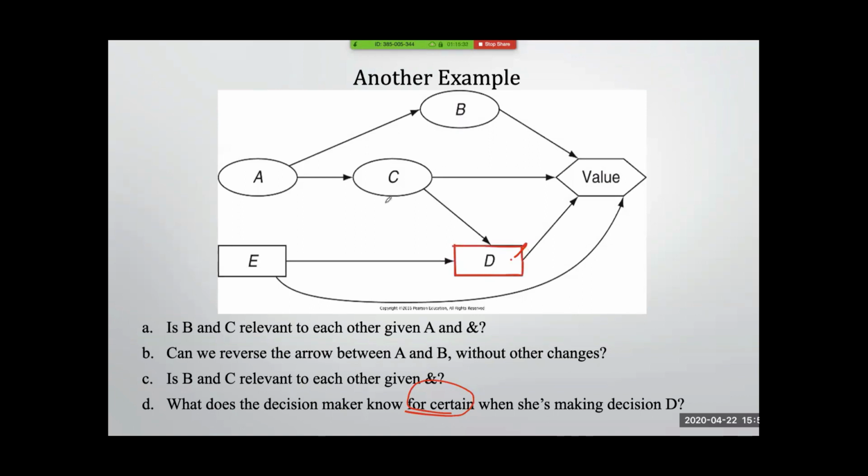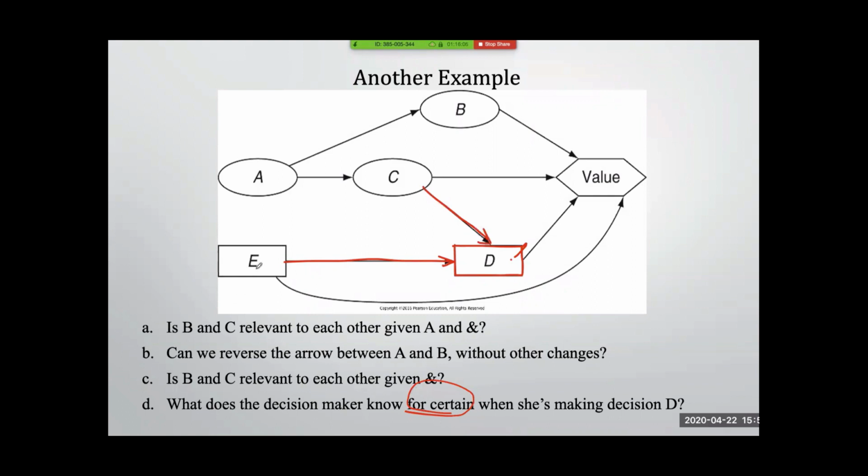Now, uncertainty C is sending an arrow to D. So at the time of decision D, the decision maker knows what has happened to distinction C. Also, the decision maker knows what she has chosen at decision E. So these are the information arrows that we know.